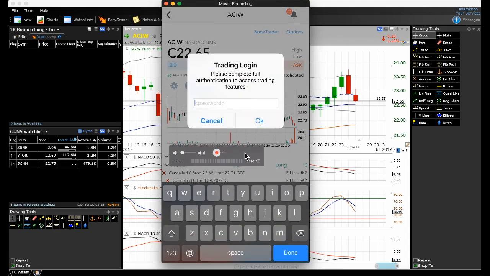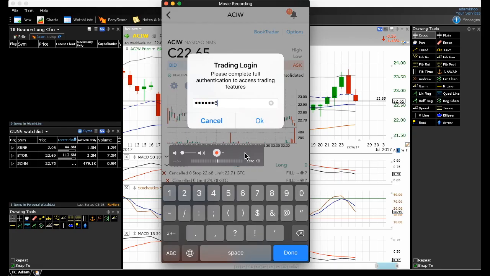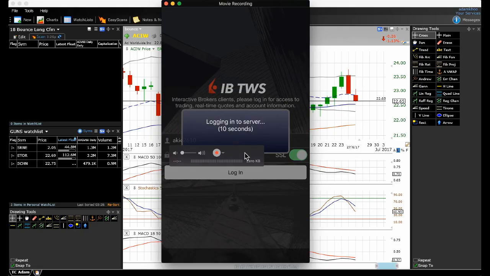So I have to key in my password. Let it log in.